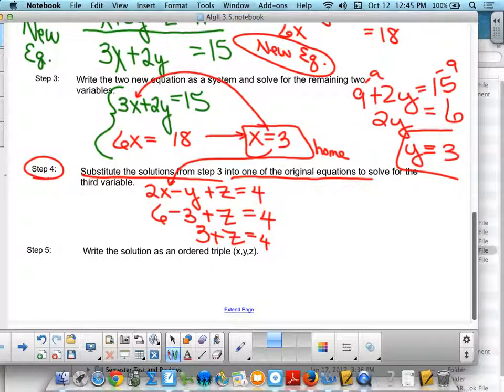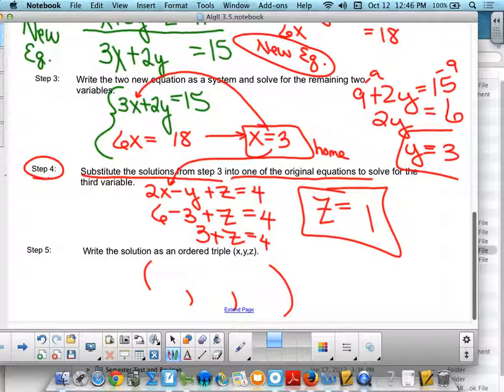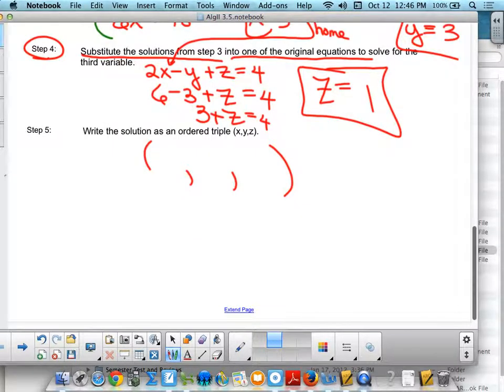Subtract the 3. Z is what? 1. Z is 1. Write your solution as an ordered triple, x, y, z. 3, 3, 1.